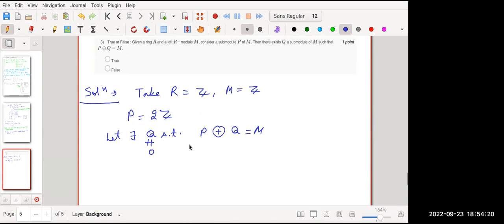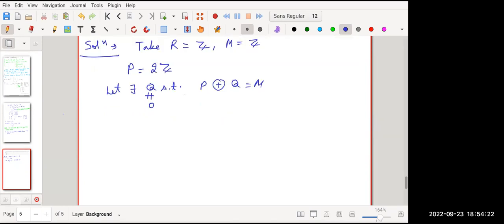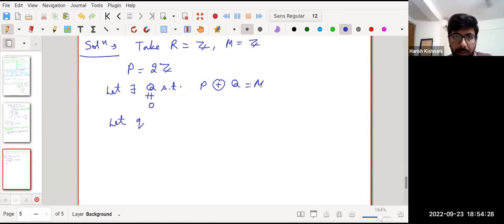So let some small q belong to Q, and that is something non-zero. Then q plus q, what is the addition in integers? It is just the usual addition.